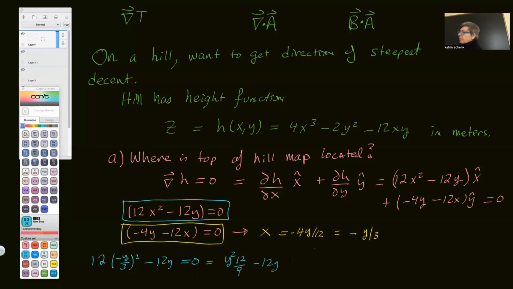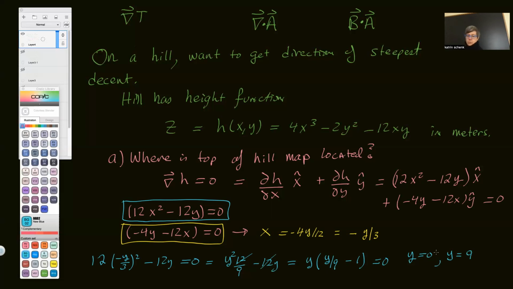Get rid of the 12s because this is all equal to 0. So goodbye 12s. And then we can write this as y times (y over 9 minus 1) equals 0, which means that either y equals 0 or y equals 9.